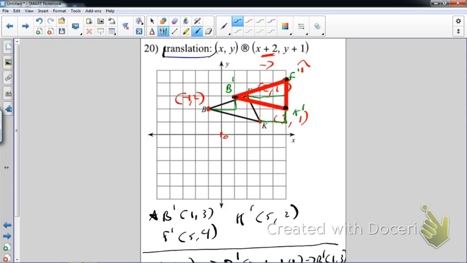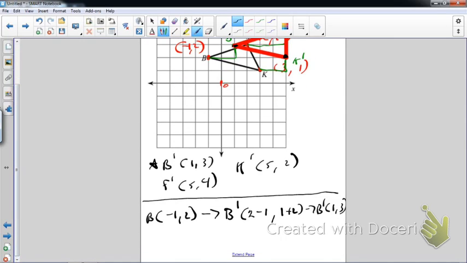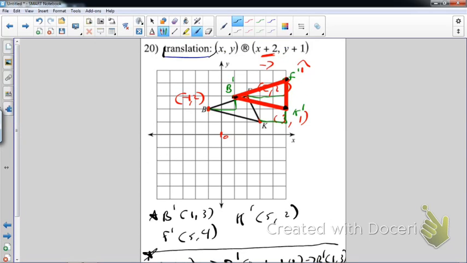It all depends on what I give you. Personally, I love drawing the picture, and then I love doing this. I like doing the math. I really do, because now I know exactly where it is. So instead of me being here and just counting, I just want to make sure that I know where B prime is. So I like to use the other method.